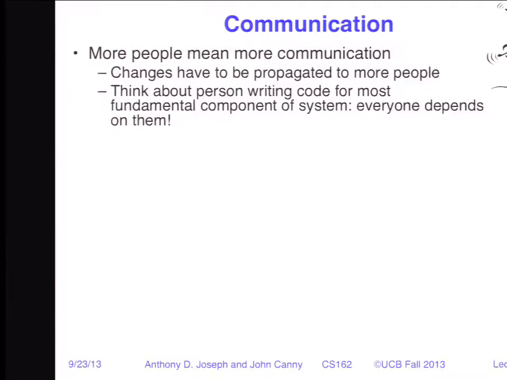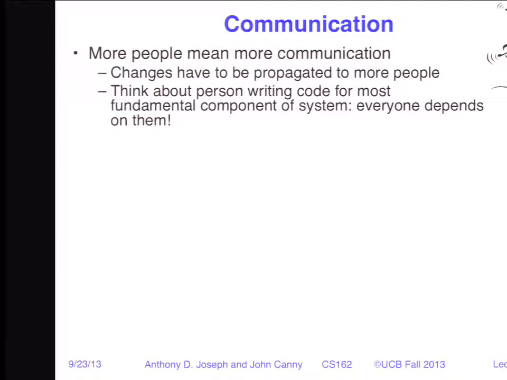So communication. Having more people on a project means more communication. Every time you make a change, you have to propagate it to additional people. So think about the code being written by a person who's responsible for the most core part of a system. Right? When they make a change, it's like a broadcast. Everybody has to be notified about that change.